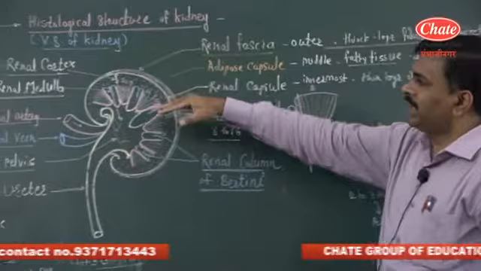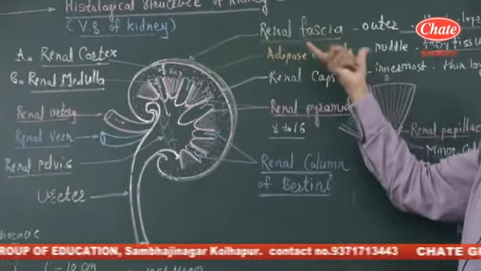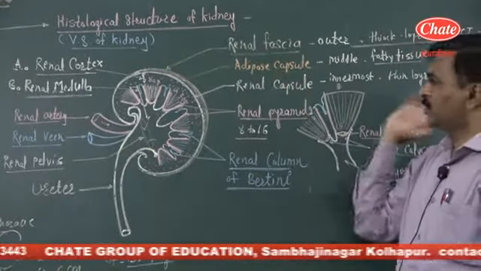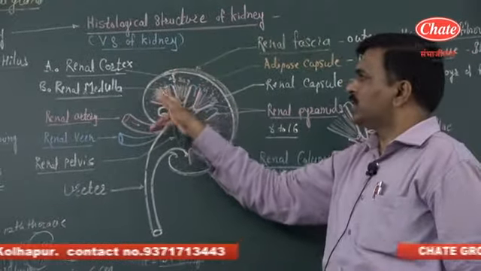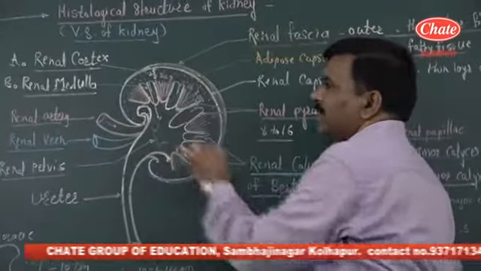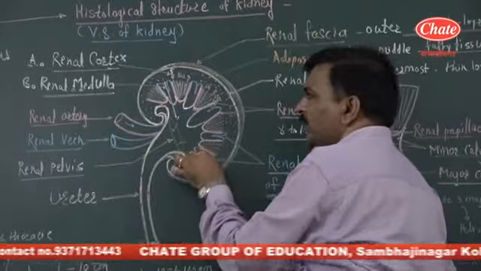Once again, remember, the entire structure is covered by a covering, and this renal covering is made up of 3 layers: renal fascia, adipose capsule and renal capsule. Histologically, the kidney shows 2 distinct regions. The outer peripheral part is the cortex and the middle part is the renal medulla. Renal medulla consists of 8 to 16 conical shaped pyramids.